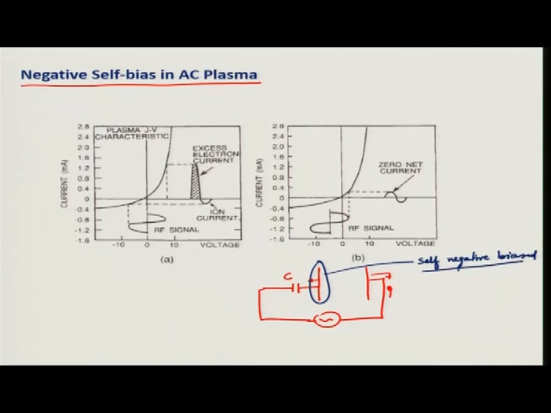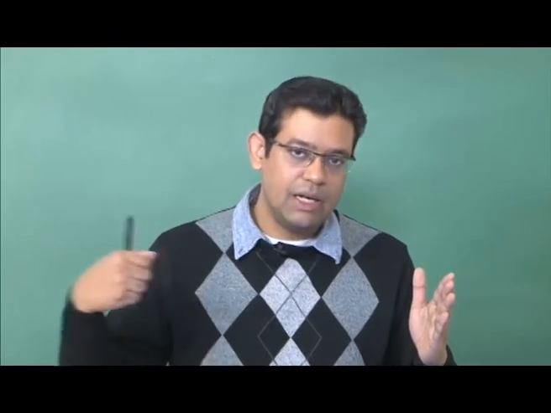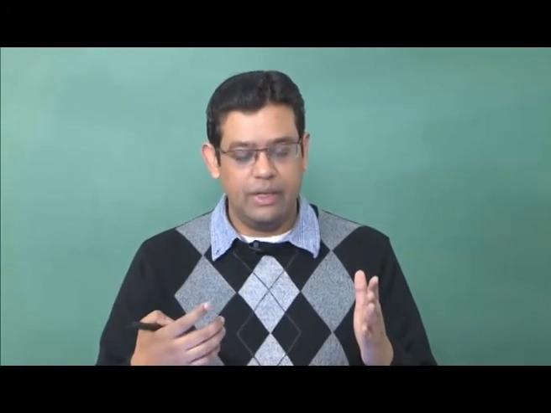Okay. And this becomes the target. Because it is self biased negatively, because of the effect we will discuss here, in an AC plasma this target becomes negatively biased, and we can use the ions which are moving towards this target, resulting in sputtering.